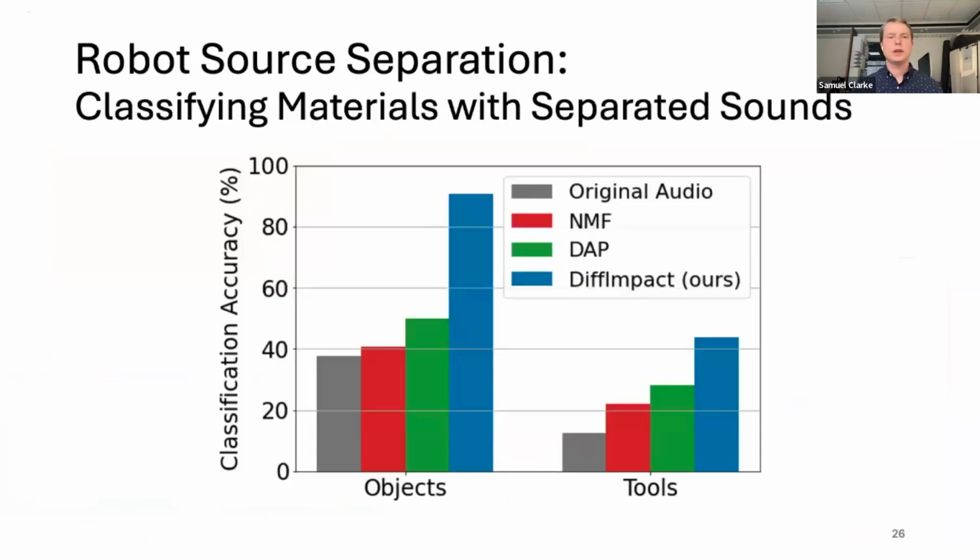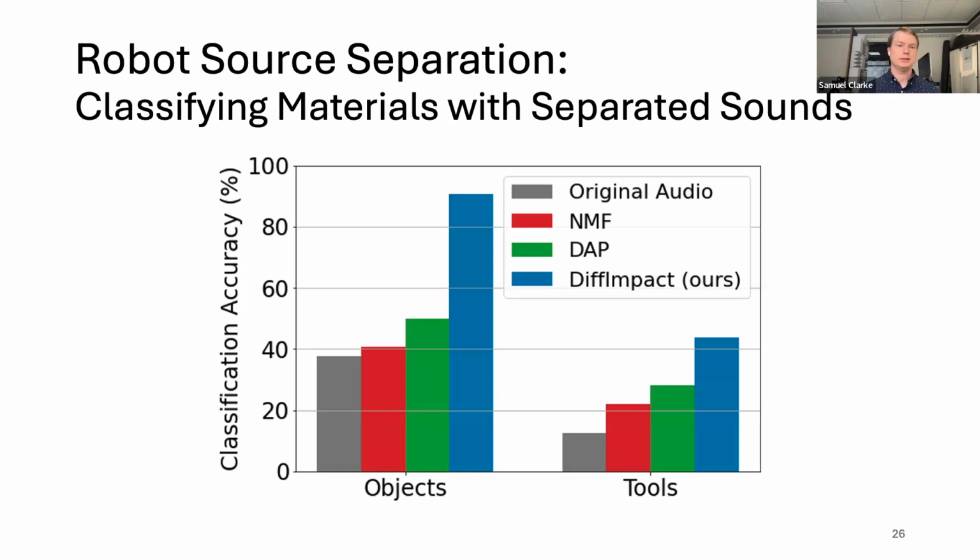So now that we have these separated sounds, we can use them for the downstream task of classifying the material of the object using just model-free or non-domain specific baselines, such as NMF and DAP. We don't get nearly as good results on the original sounds for classifying these materials.